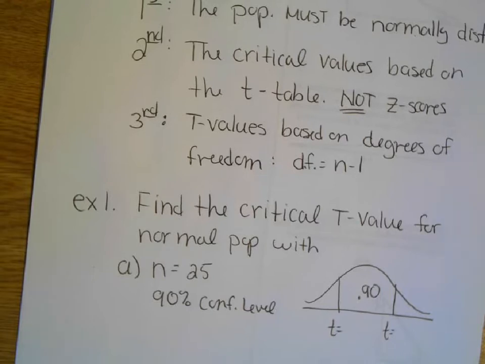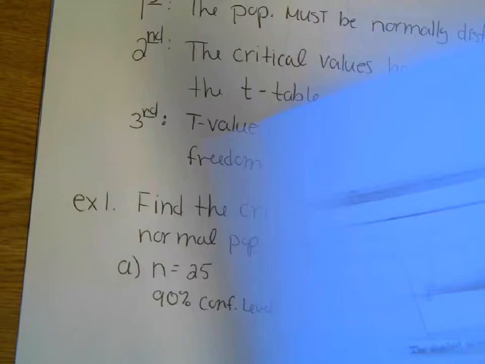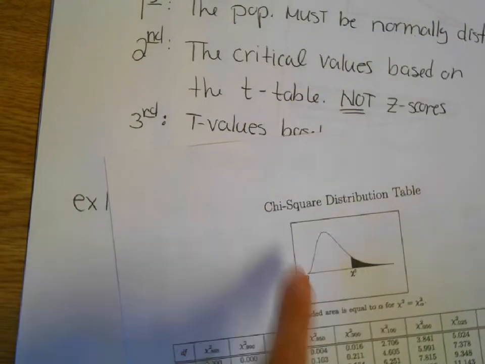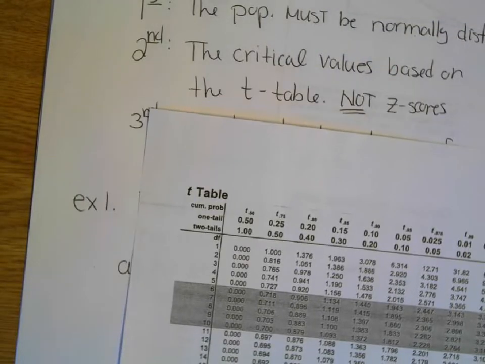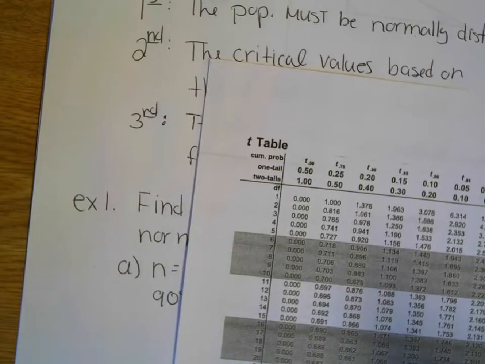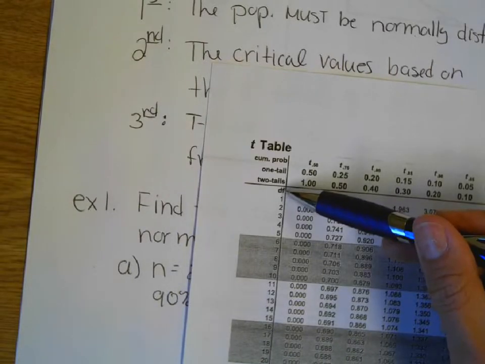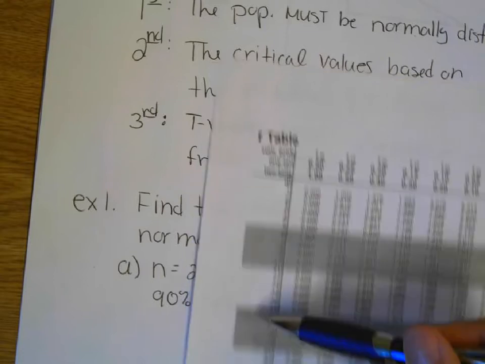Okay. So grab your t-table. You're on the t side, not, this is chi-square, we'll do that next week. So make sure you're on the t side. If you look, here's the df right here. This column.